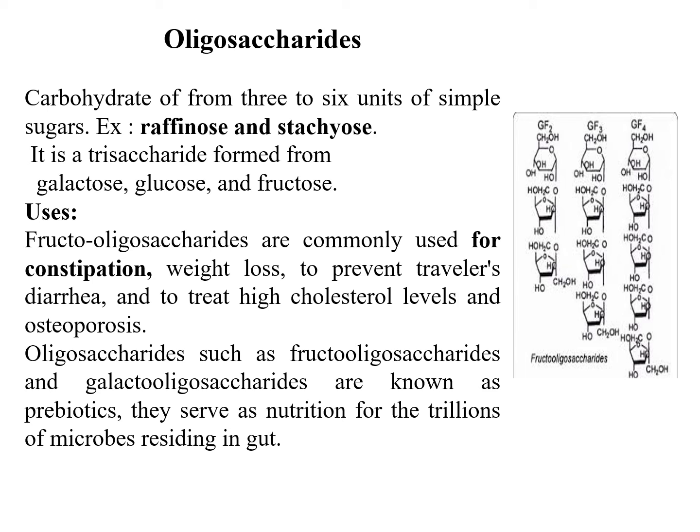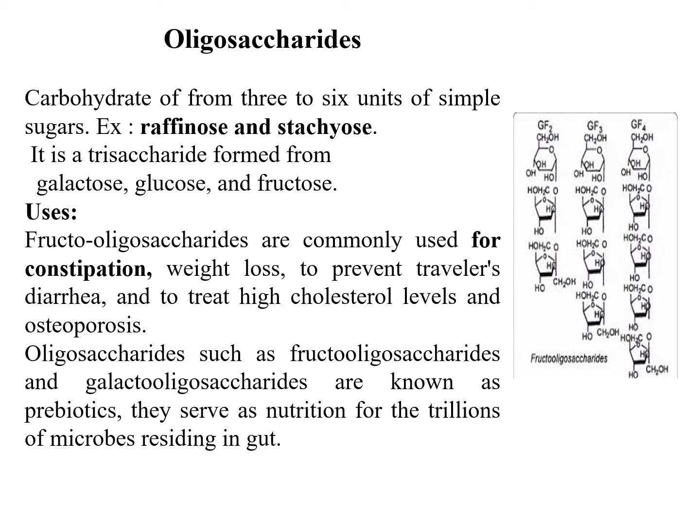Okay, next we'll go for the oligosaccharides. Oligosaccharides have more than 2 monomers. It may be 3, 4, 5, 6, depending. So what is the basic use of oligosaccharides? These are carbohydrates of 3 to 6 units of simple sugars.